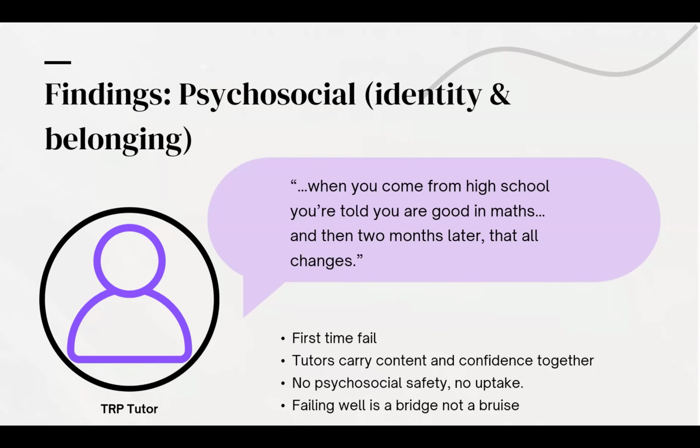So a tutor needs an awareness of that. In a sense, tutors carry the content and the confidence together. If there's no psychosocial safety, there needs to be trust, there needs to be a recognition that this is what is happening to them. So in a sense, failing now becomes a bridge, not a bruise.